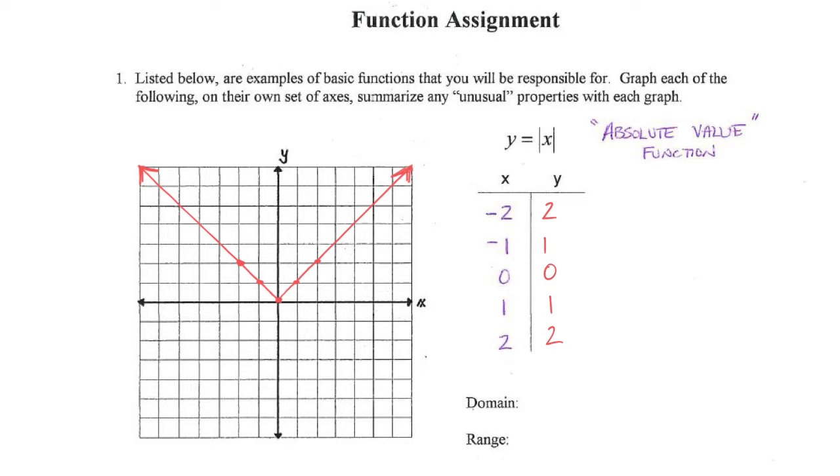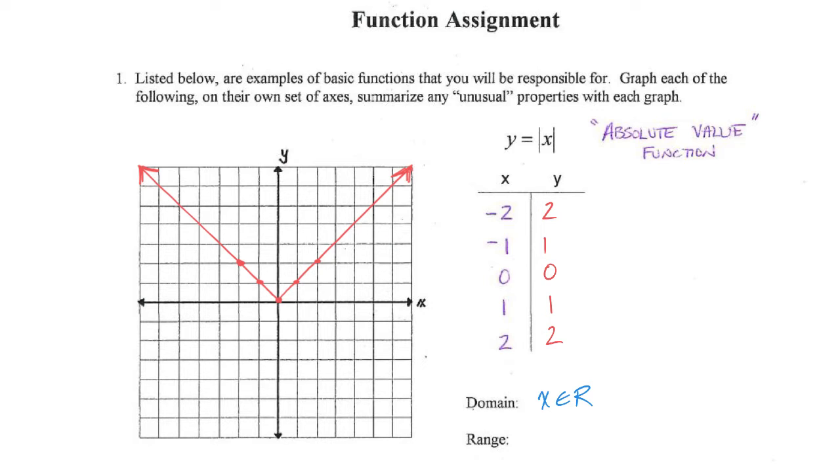So hopefully not too bad. Now I've also asked you right below to name the domain and range of each of those functions. So we should be pretty good to say that my domain is that x is anything. We could sub in any x value we want and find the absolute value of it.